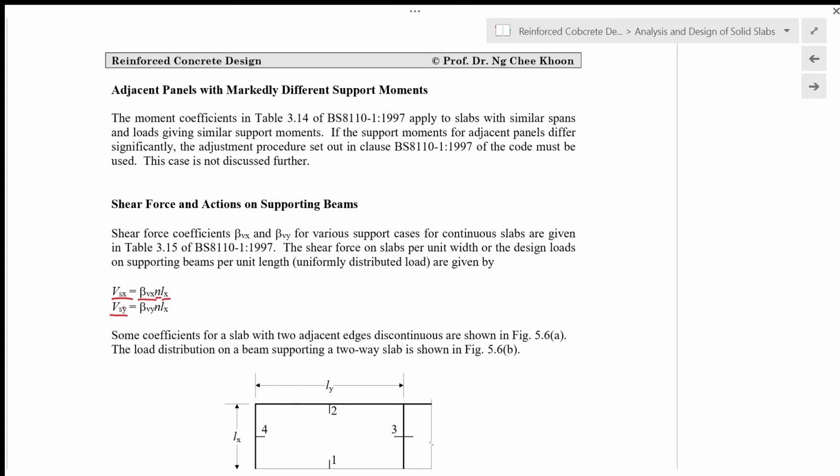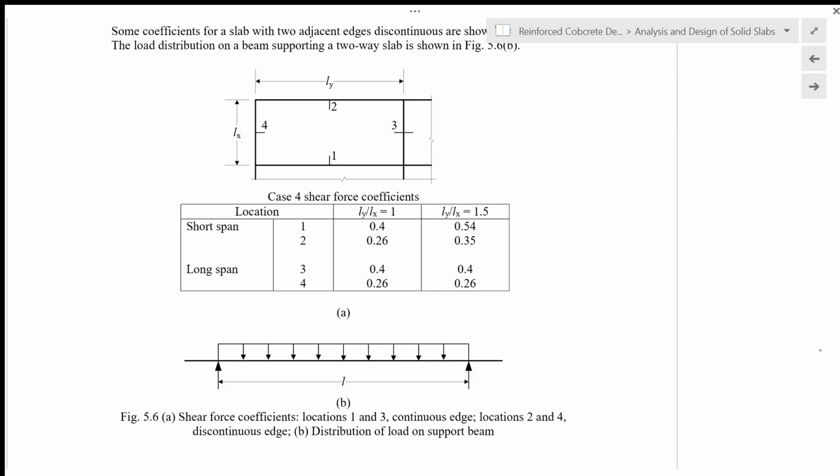Some coefficients for a slab with two adjacent edges discontinuous are shown in figure 5.6a, and also the load distribution on a beam supporting a two-way slab is shown in figure 5.6b. So for an example, now we want to look at the shear force at locations 1, 2, 3 and 4 in this figure here.